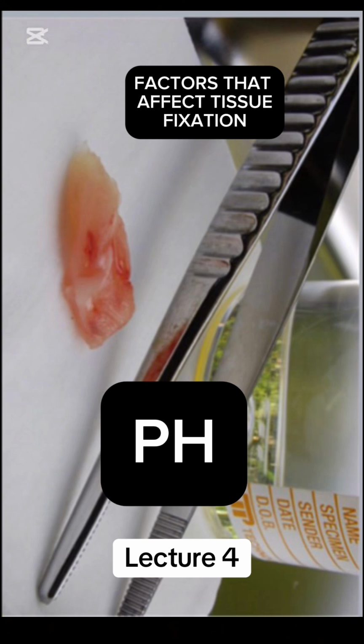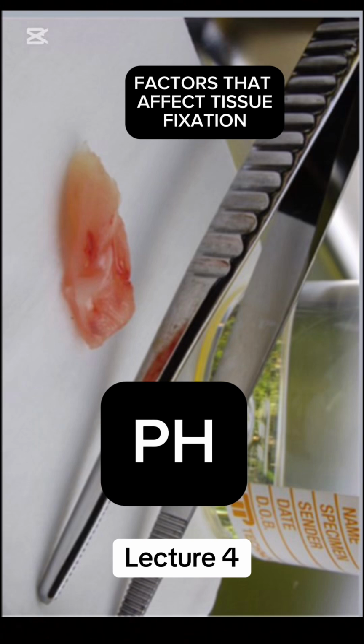The other example is nucleic acids. pH influences the preservation of nucleic acids, mostly DNA and RNA. Acidic conditions can cause hydrolysis of nucleic acids, leading to their degradation. Neutral to slightly alkaline pH is better for preserving nucleic acid integrity during fixation. The third example is preservation of cellular organelles.